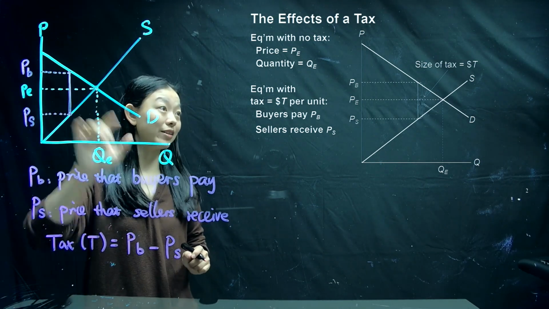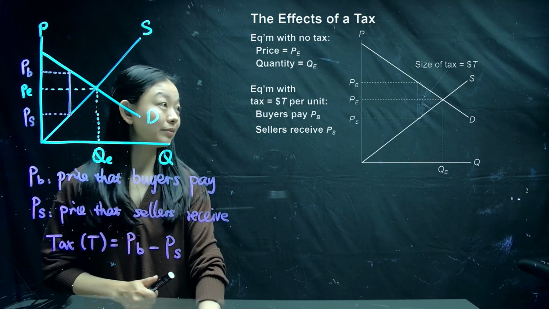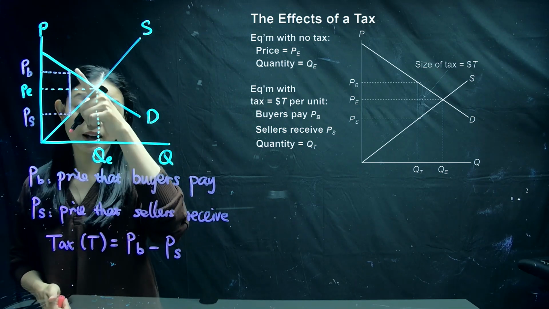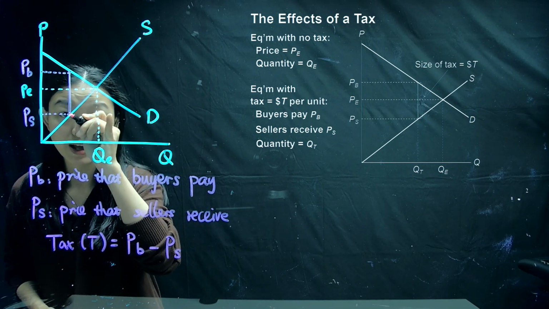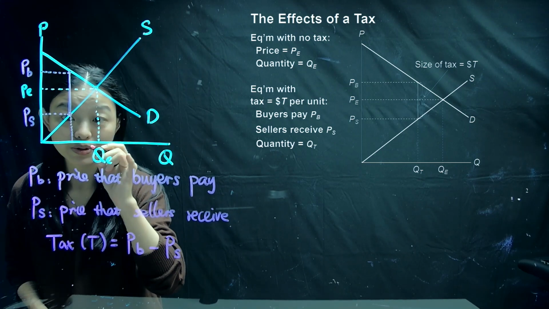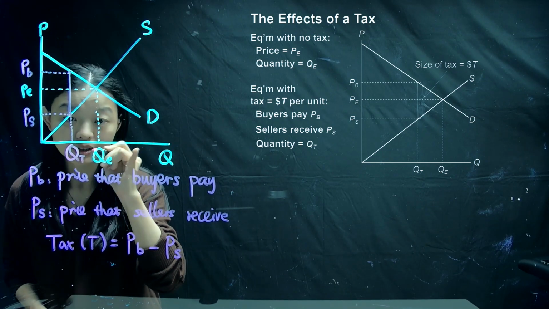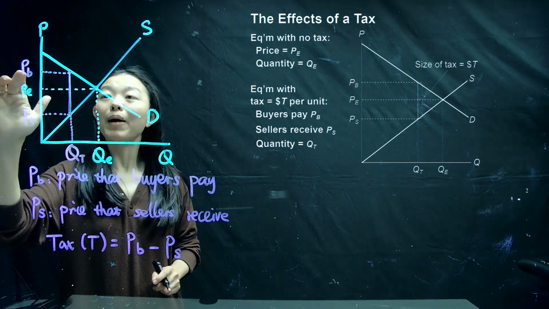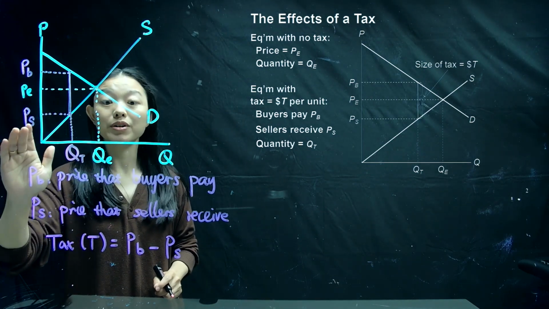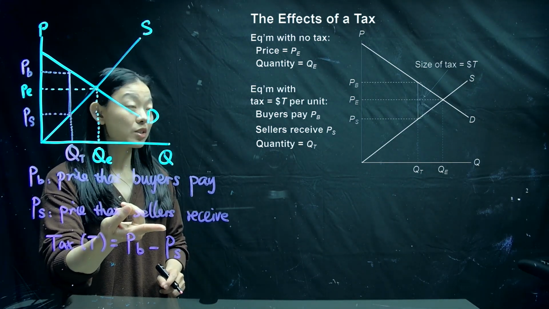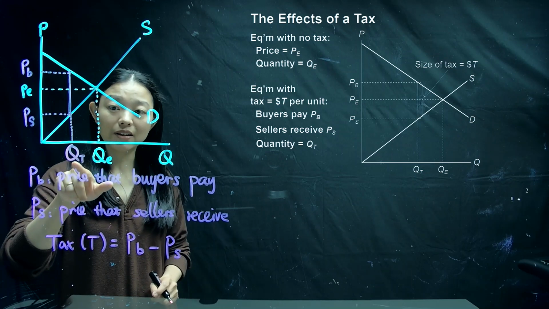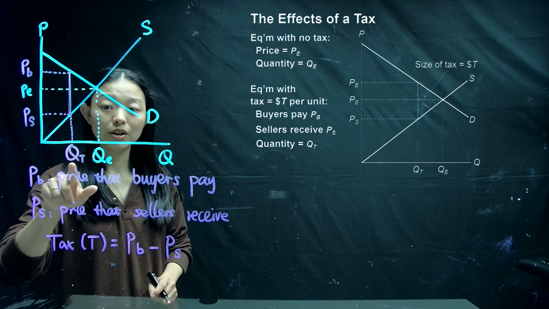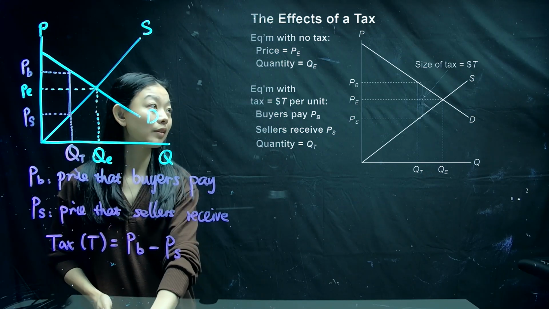After the government imposes the tax, we have a tax quantity, QT. You can also notice that buyers need to pay a higher price, sellers receive a lower price, and quantity also decreases from equilibrium quantity QE to QT, okay?